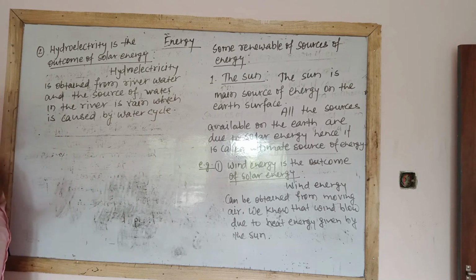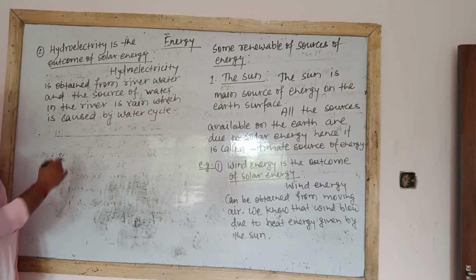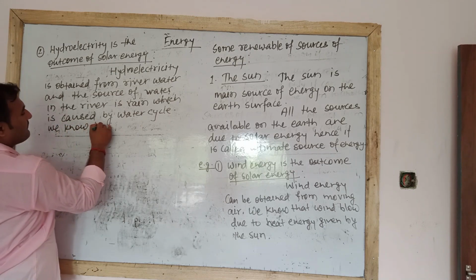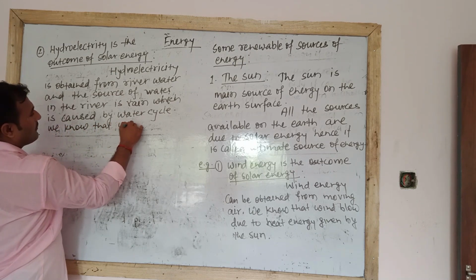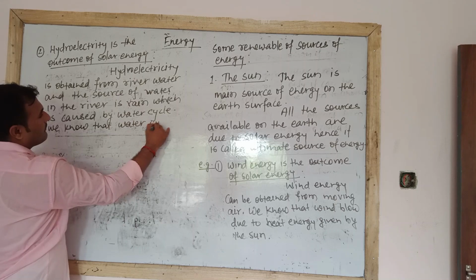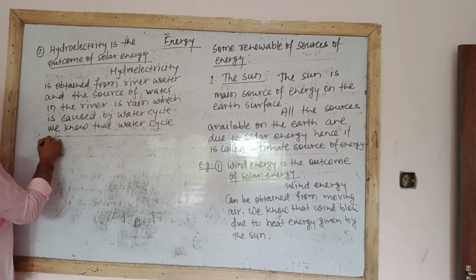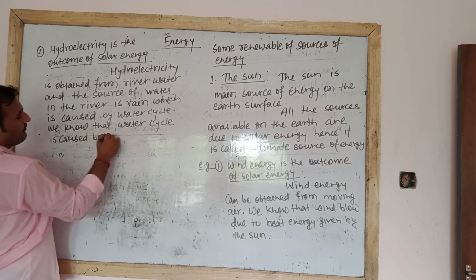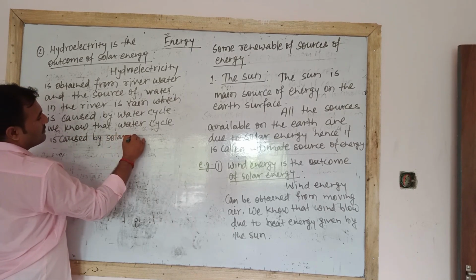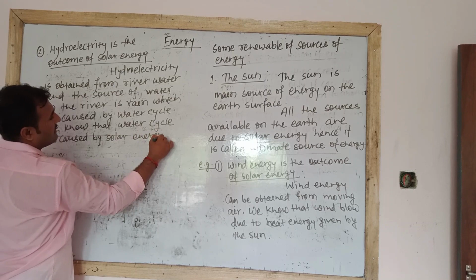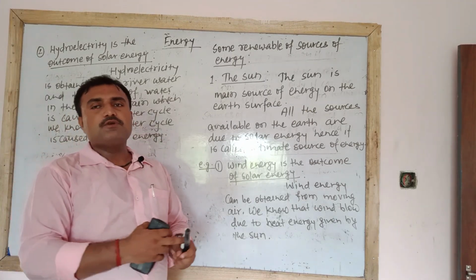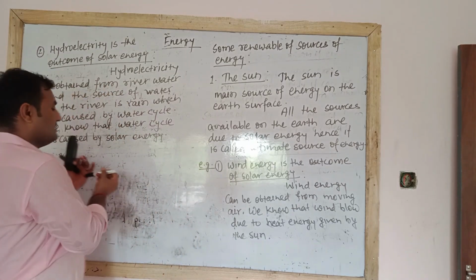We know that the water cycle is incomplete without solar energy, and here we write, we know that the water cycle is caused by solar energy, and here we can show the relationship between hydroelectricity and solar energy.